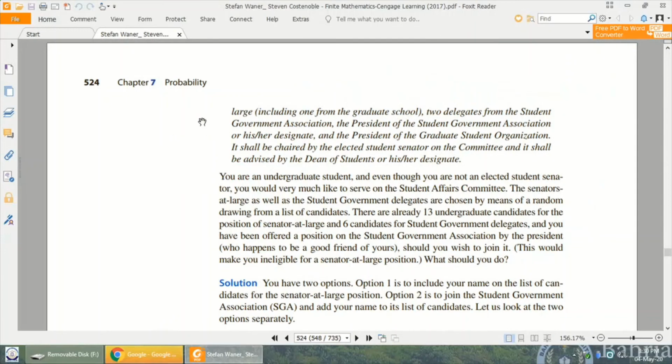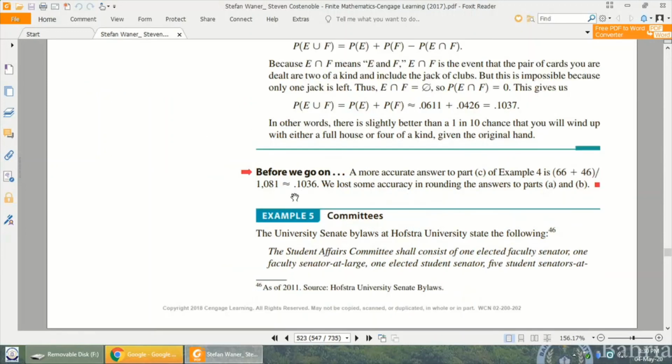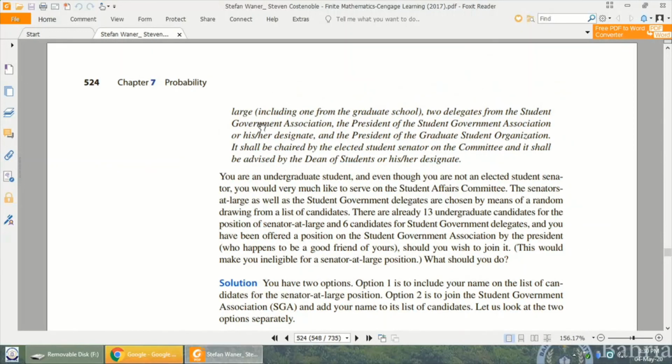So that would be 5 separately. That is a position, and 2 delegates from student government association, the president of the government association, and the president of the graduate student organization. It shall be chaired by the elected student senator on the committee, and it shall be advised by the dean of students office.